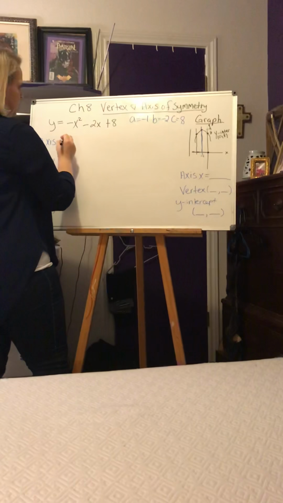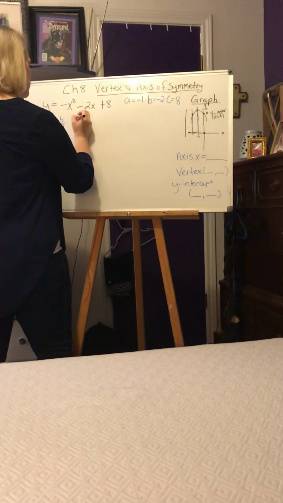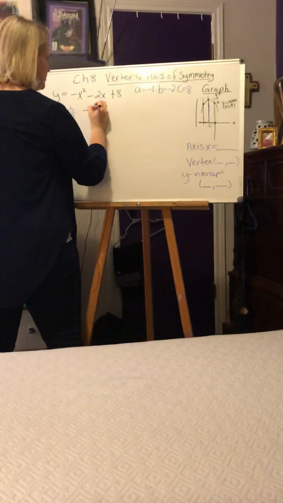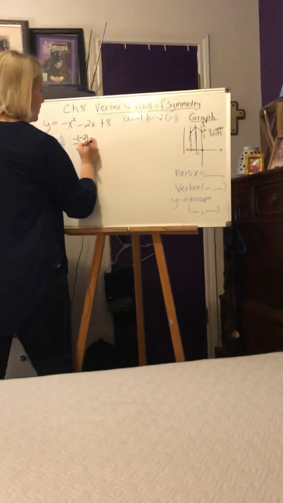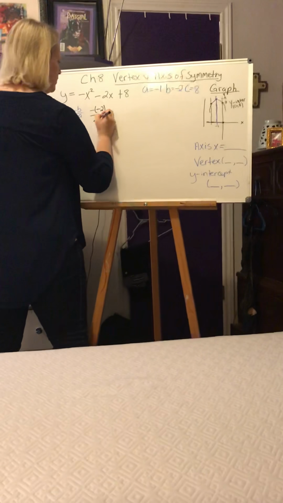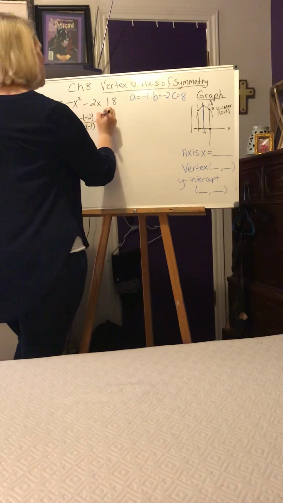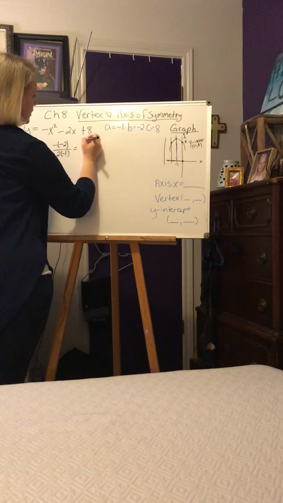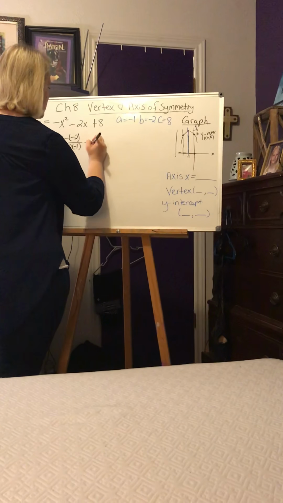So for the axis, we're going to do negative b over 2 times a. So negative b is negative negative 2, over 2 times negative 1. This will give us negative 1 times negative 2 will give us 2, and 2 times negative 1 will give us negative 2.